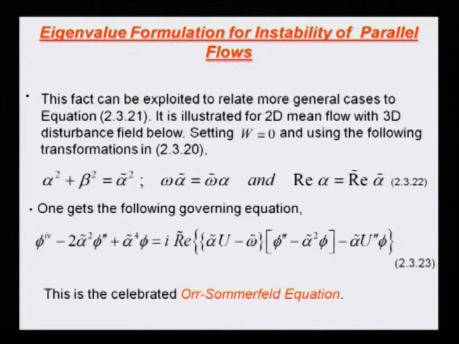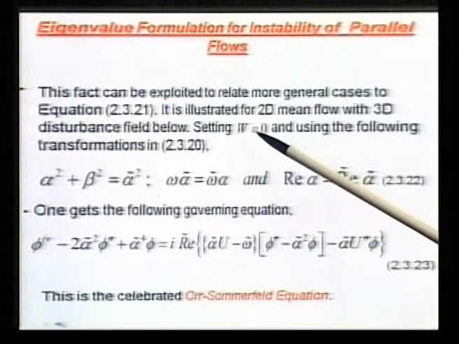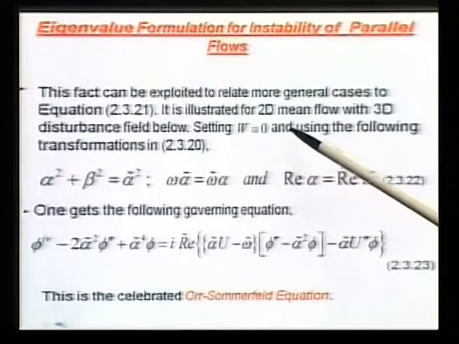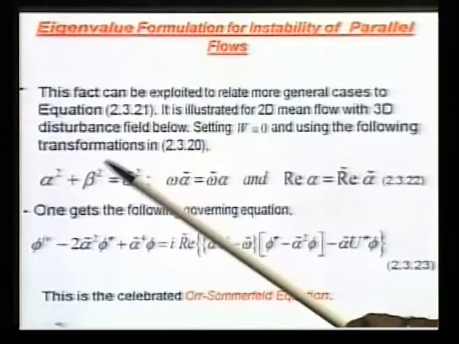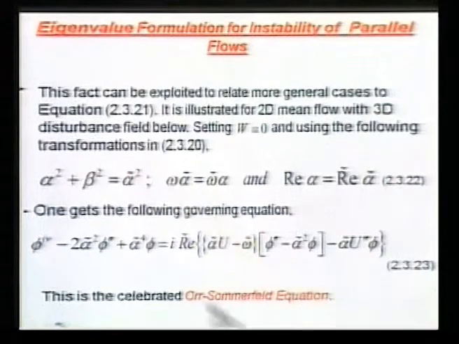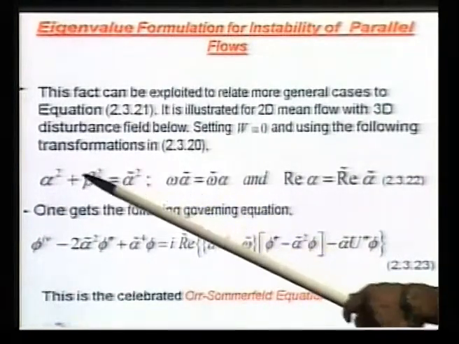So, let us say we are studying a 2-dimensional mean flow, then we can set capital W equal to 0 for the mean flow. It is in the streamwise direction given by U, and then we will define some kind of a transformation. Never mind that alpha and beta are complex, we can still define alpha tilde square as the sum of these two.